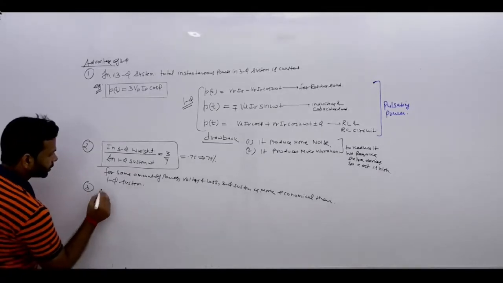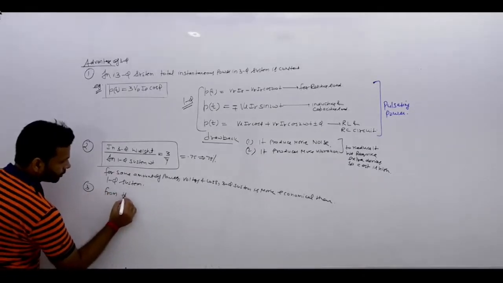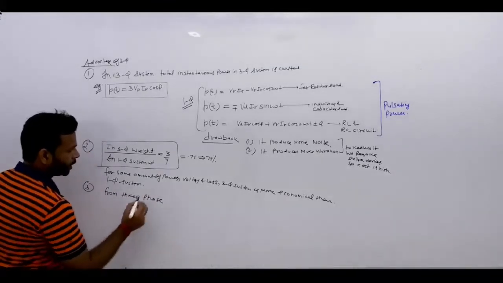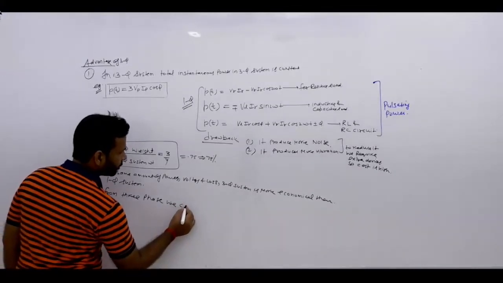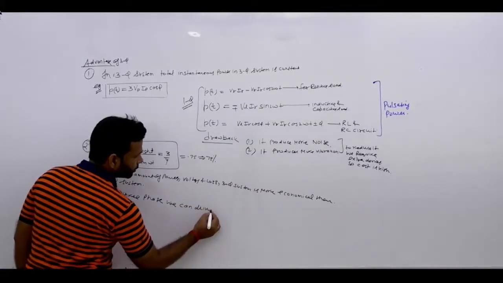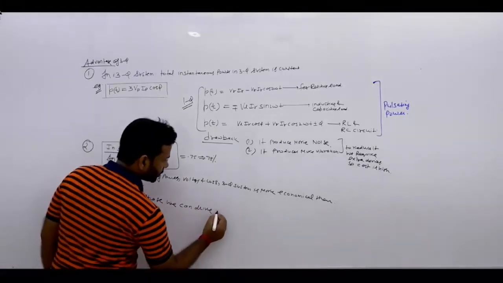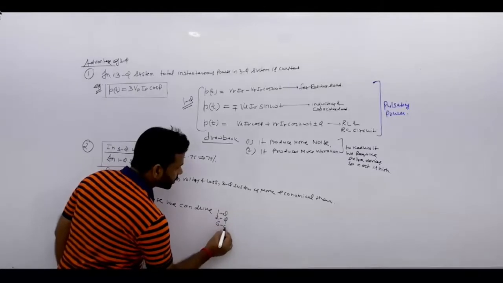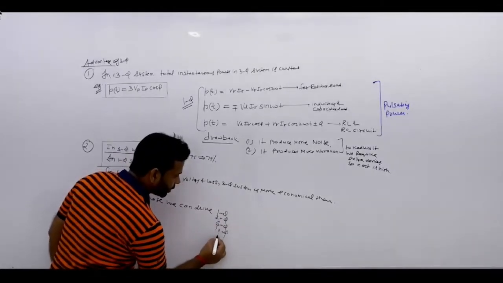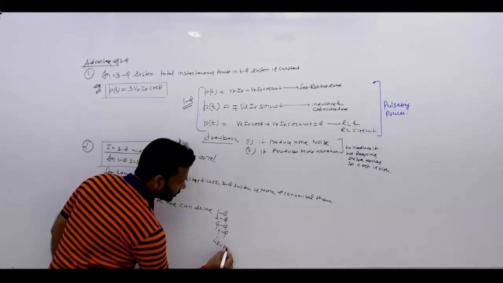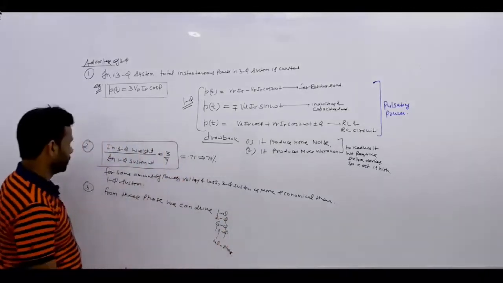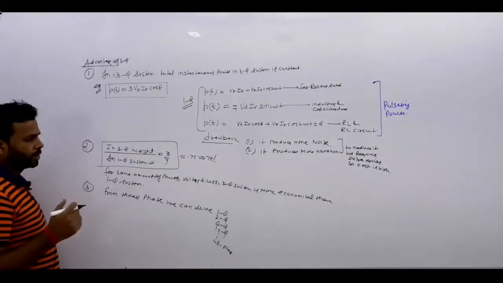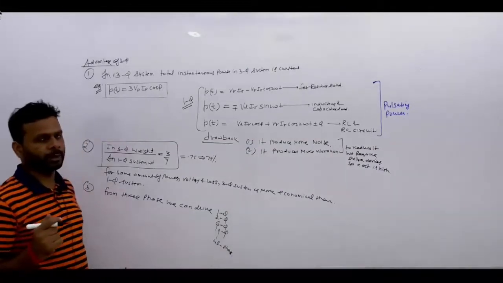From the three-phase system, we can drive single phase, two phase, 6 phase, 12 phase, 48 phases. So from the three phase we can have the single phase, two phase, 6 phase, 12 phase and 48 phase supply.